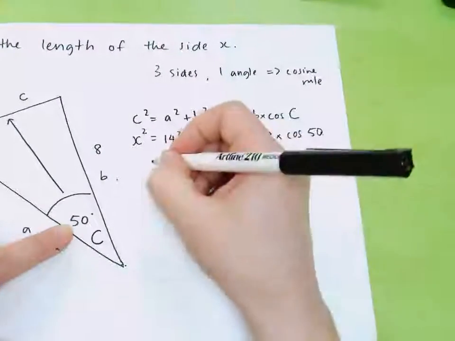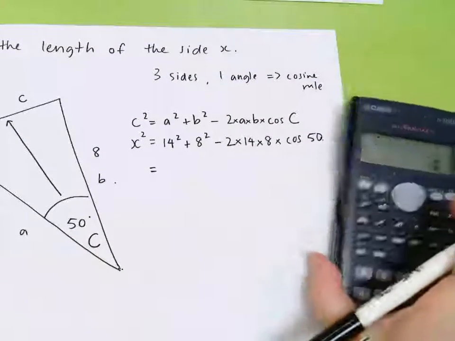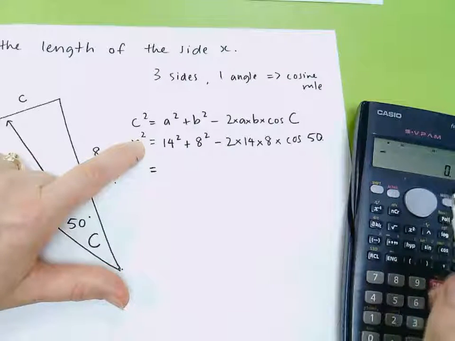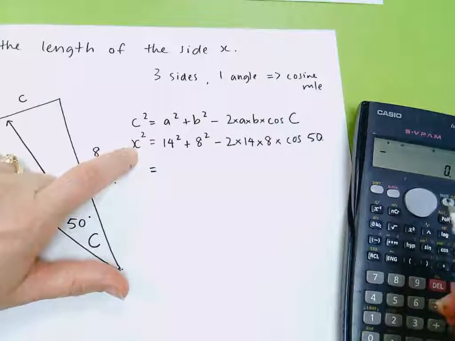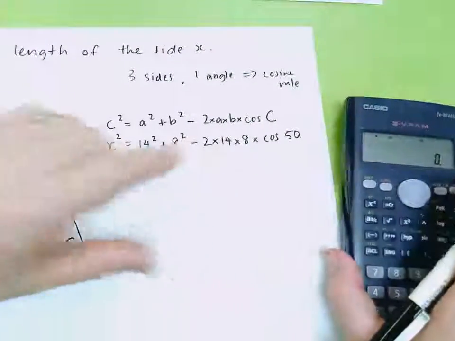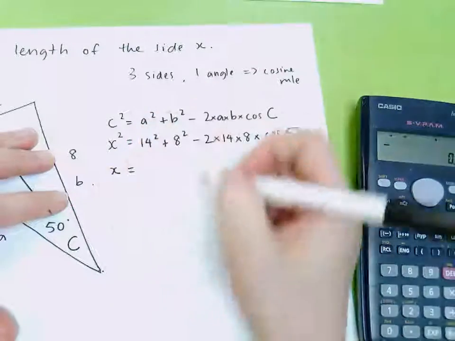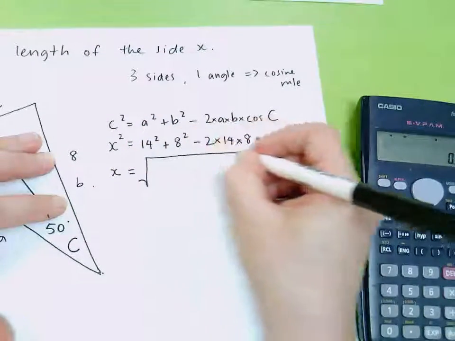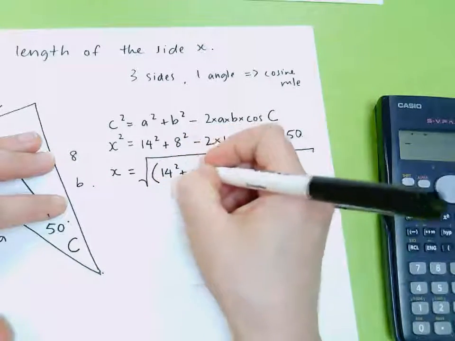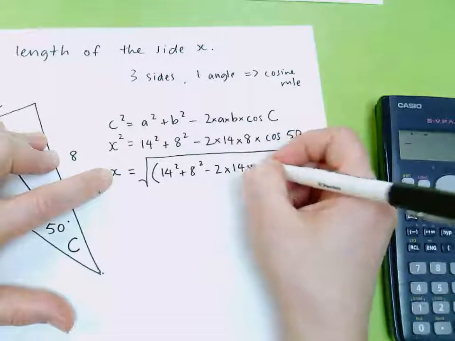Now if I plug this straight into my calculator, this is going to give me x squared. Remember, I don't want x squared, I want just x on its own. So I need to get rid of that squared. I do that by doing the inverse, which is the square root. So I'm going to take the square root of all this stuff, just to get the x on its own, just like we did with Pythagoras.